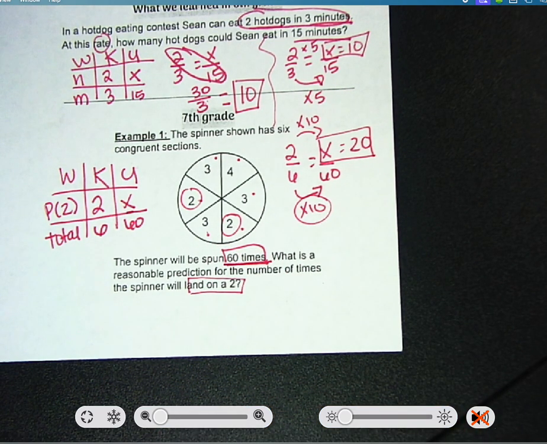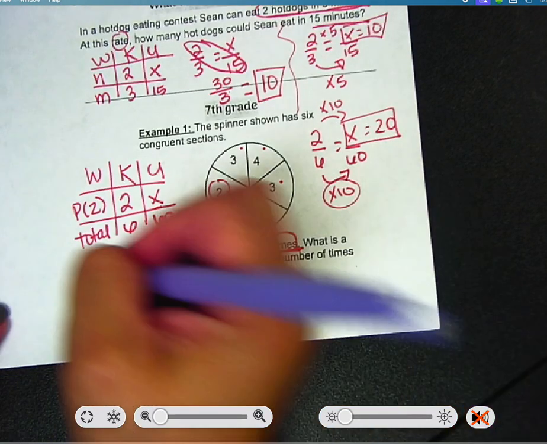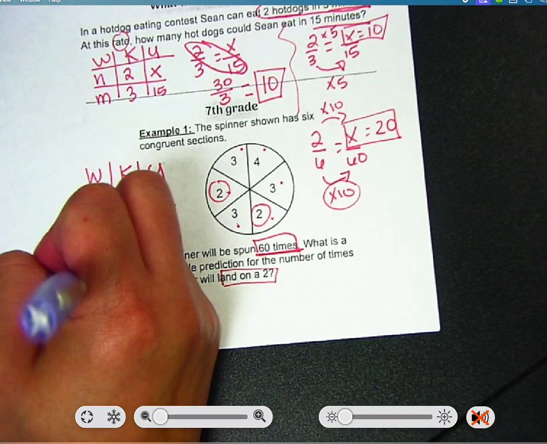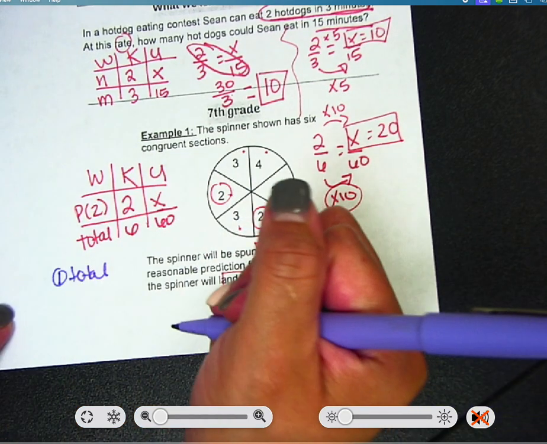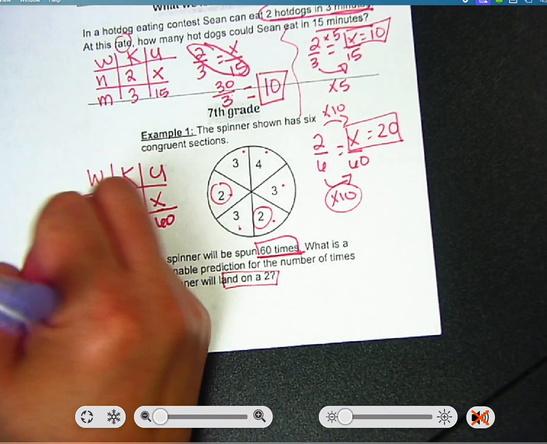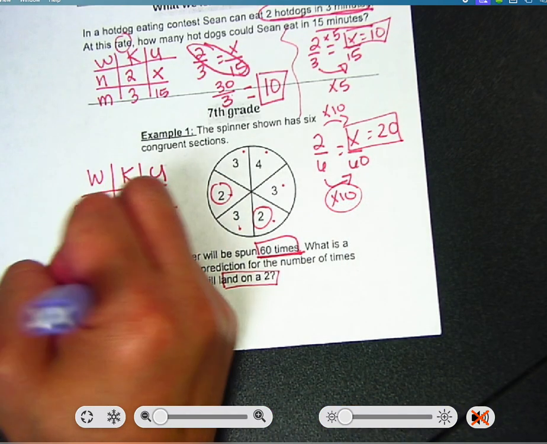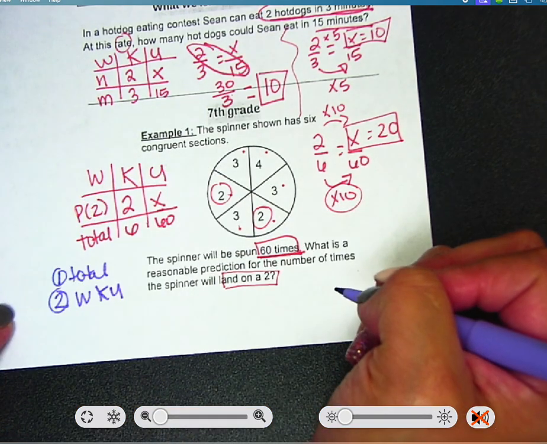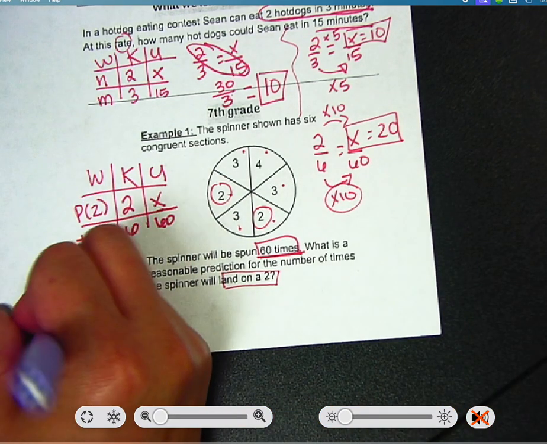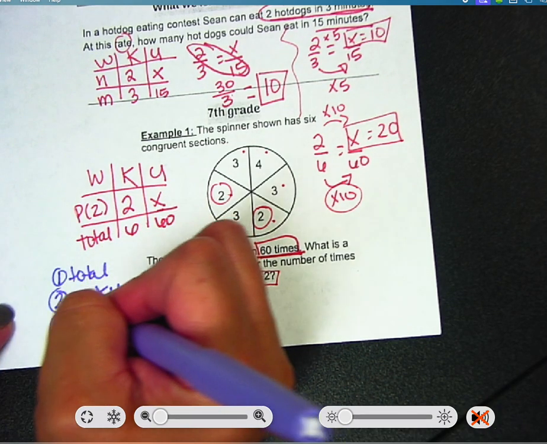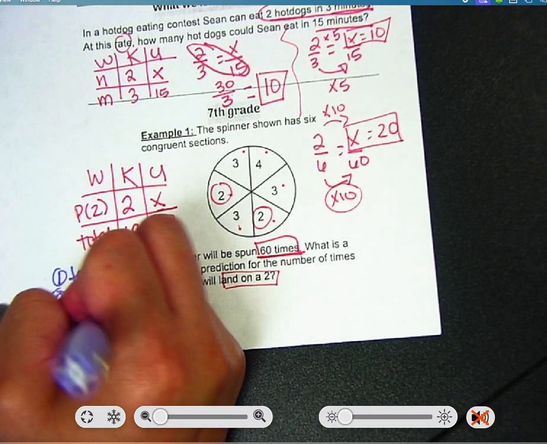Okay, so now we're going to write some steps. Now that we did it, we know what the steps are going to be. The first thing is to set up: find your total, like we did. And then we're going to set up our WKU. And then number 3, we're going to choose how to solve.